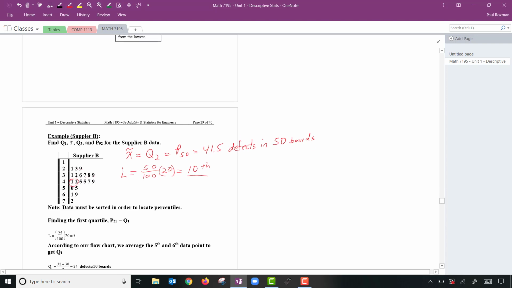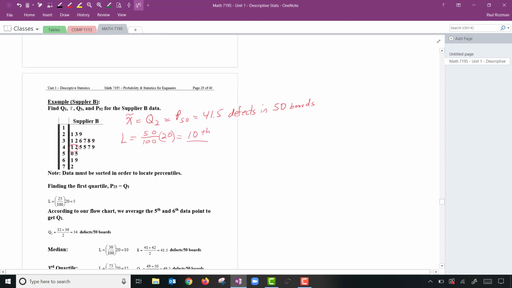For the 25th percentile, you can see that's already done for us here. We locate the position of the 25th percentile, which is spot number 5. So we go 5 values into the list. I guess that's here. Here's the 5th value. So because it's a whole number, we're going to find the mean of the 5th and the 6th.